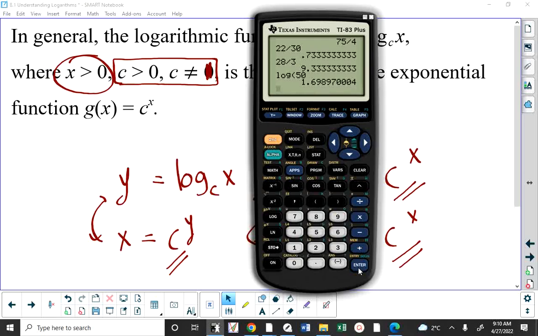If I take the logarithm of 1, I get some number. If I take the logarithm of 0.579, I get some number. Don't worry about why I'm getting these numbers. But if I try to take the logarithm of a negative number, I get an error. I just want you to focus right now on the fact that the argument of a logarithm can't be negative. And let's try taking the log of 0. It can't be 0.